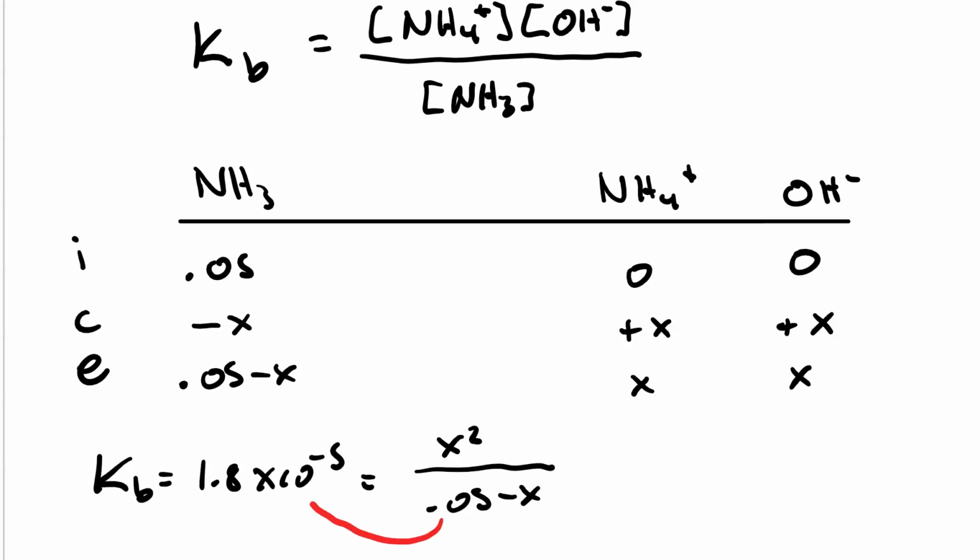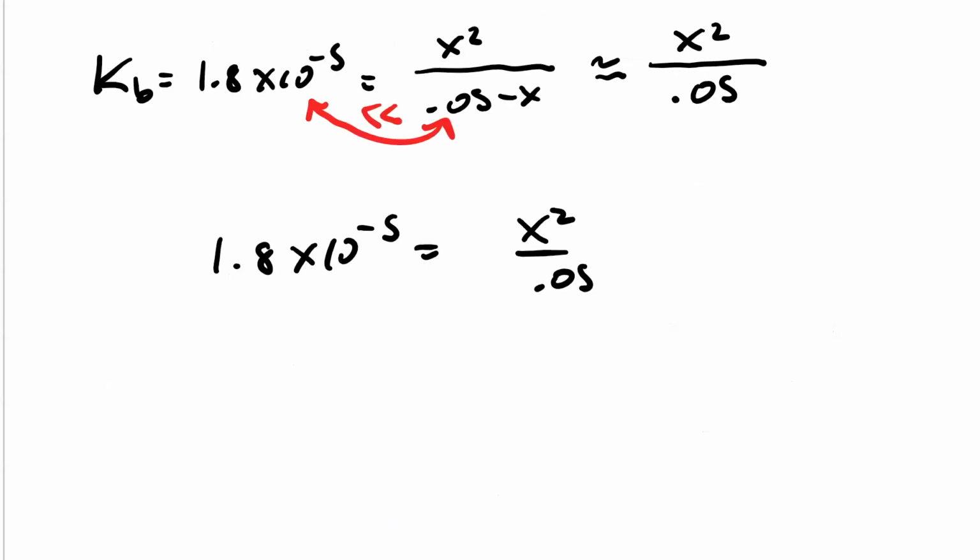And 0.05 is much, much bigger than 1.8 times 10 to the negative fifth. So we can make the approximation that 0.05 minus x is about equal to 0.05. So we have 1.8 times 10 to the negative fifth equals x squared over 0.05.